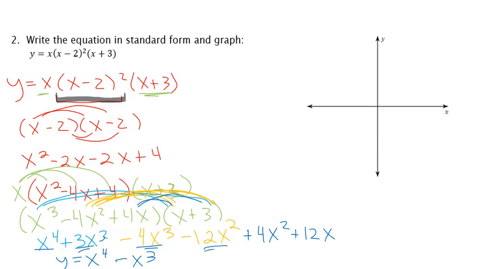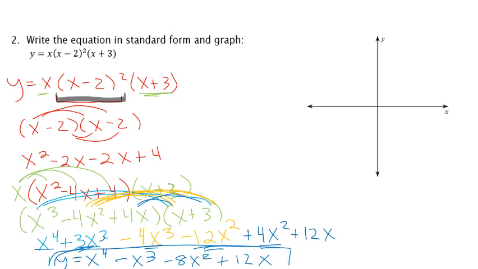And then negative 12x squared plus 4x squared is negative 8x squared. And then plus 12x. And this would be our final answer for standard form.